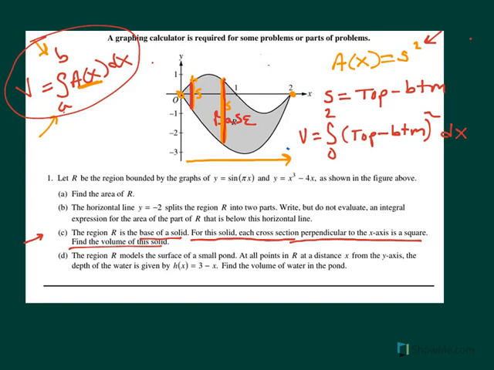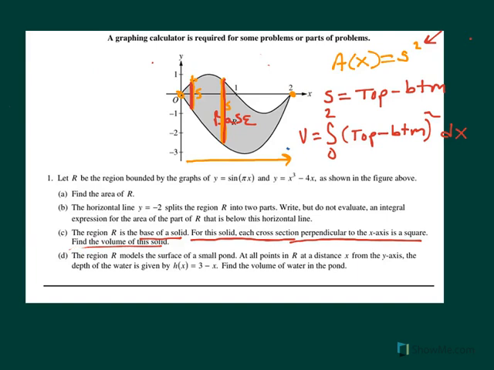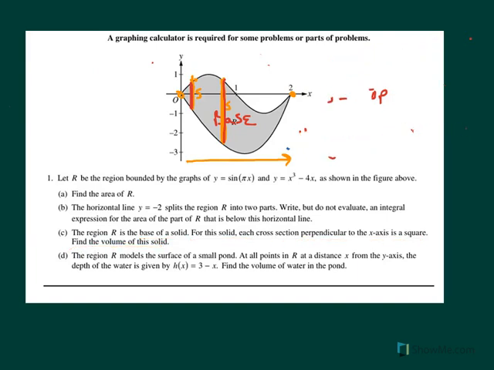And for part D, it says region R models the surface area of a small pond at all points in that region R at a distance x from the y-axis. The depth of the water is given by this function h of x equal to 3 minus x.